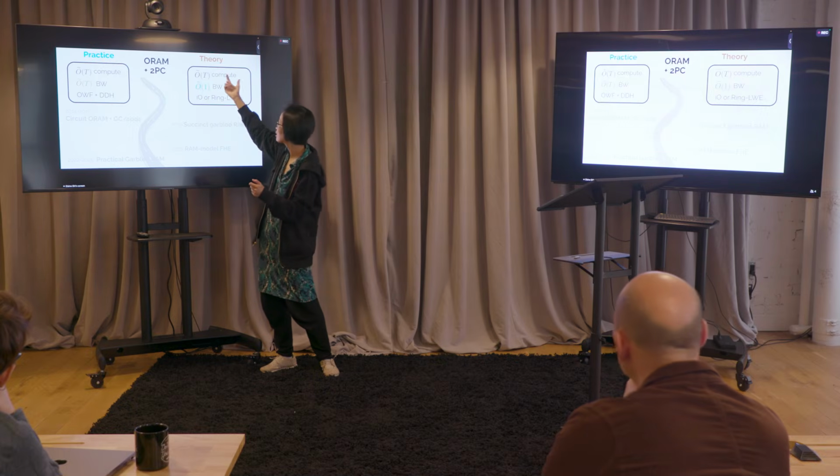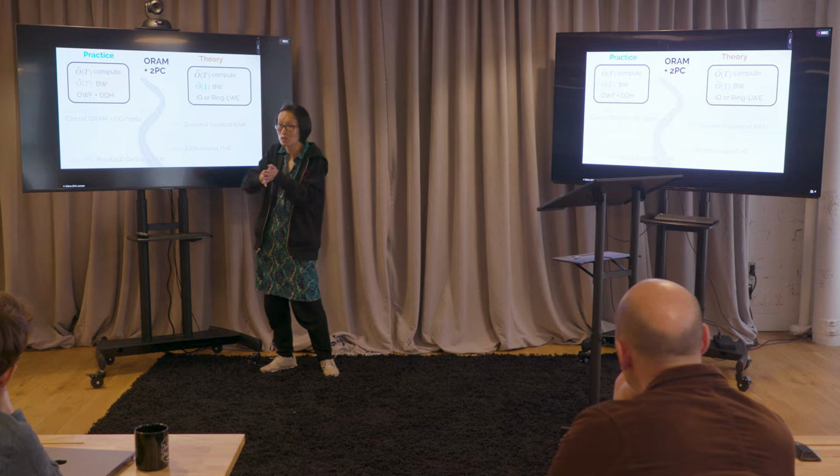This is one place where theory starts to diverge a little from practice, because in practice we don't care about minimizing just one metric at the cost of, let's say, compute. What we care about is the end-to-end time, the bottleneck cost. When we implement these things in practice, we always try to balance the bandwidth costs and the compute costs.